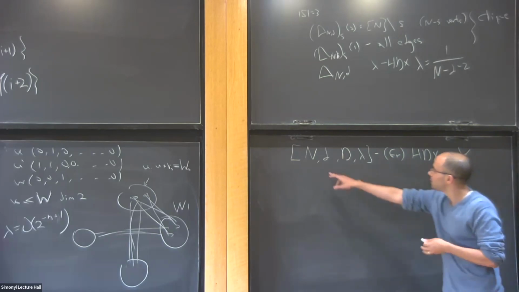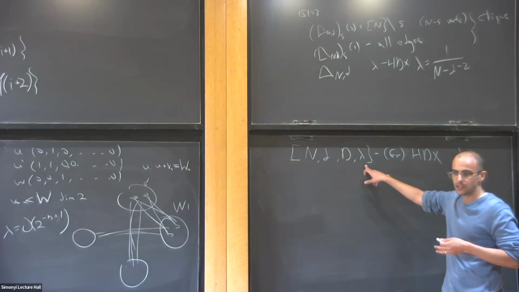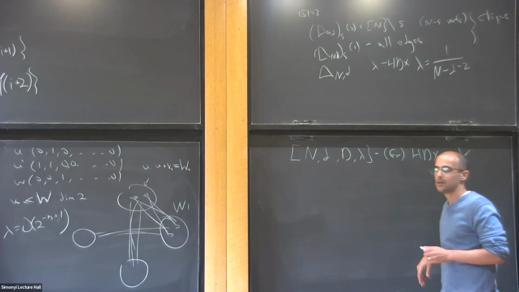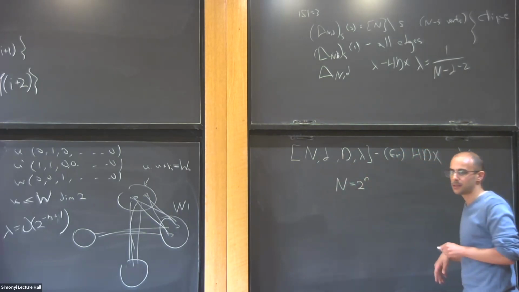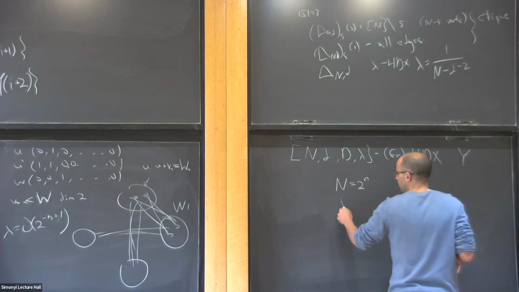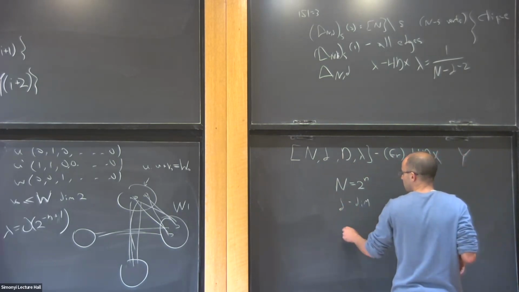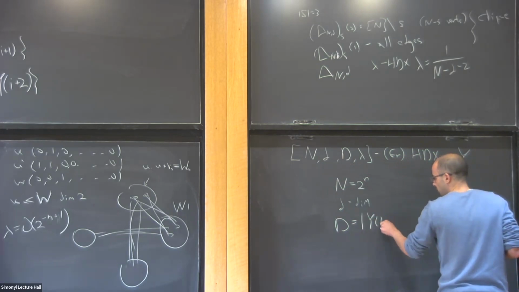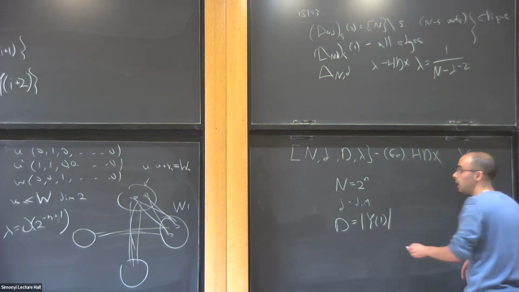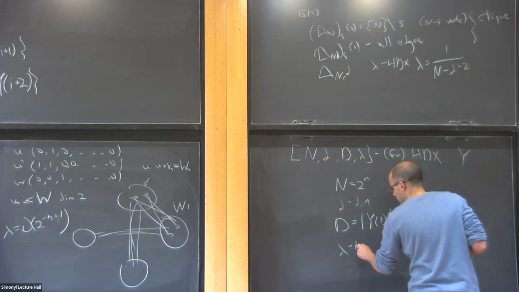But this time I'm kind of changing the notation here, so you'll have to forgive me. This time n is the size of the ambient space. D is the dimension; this D will be the number of lines, and this lambda will say expansion.